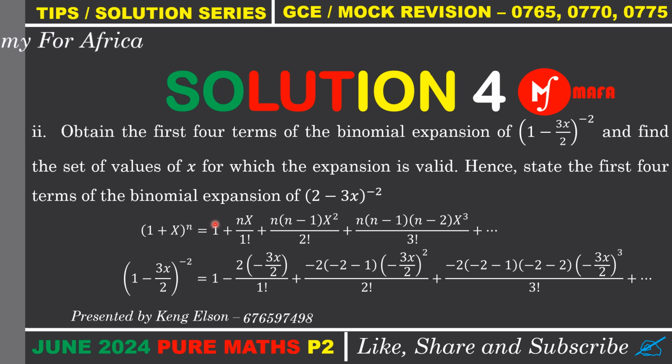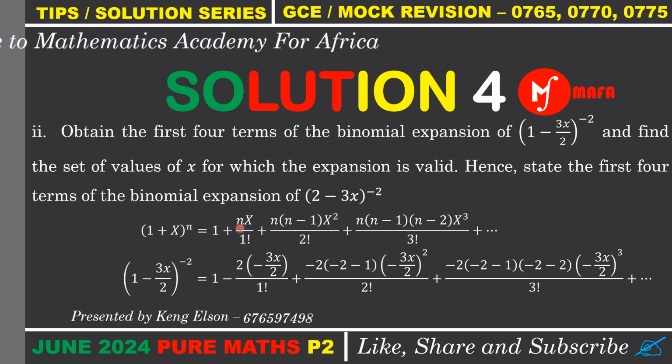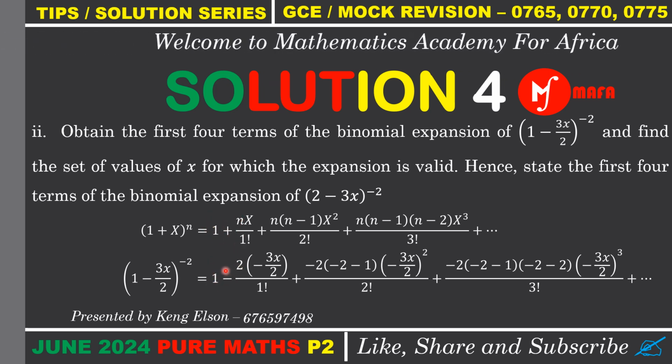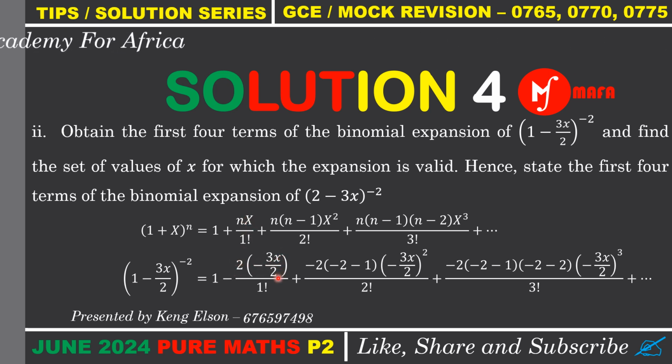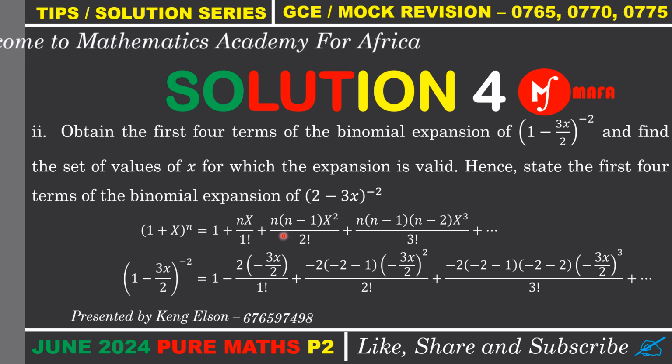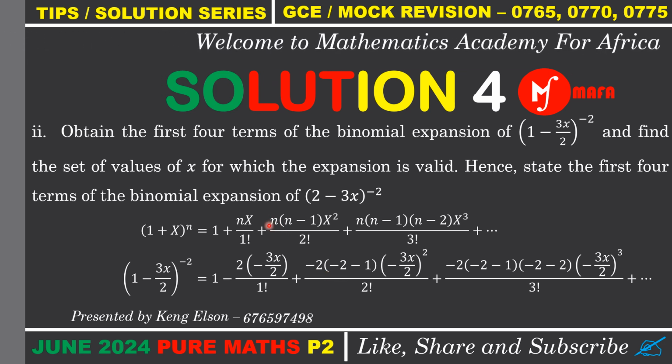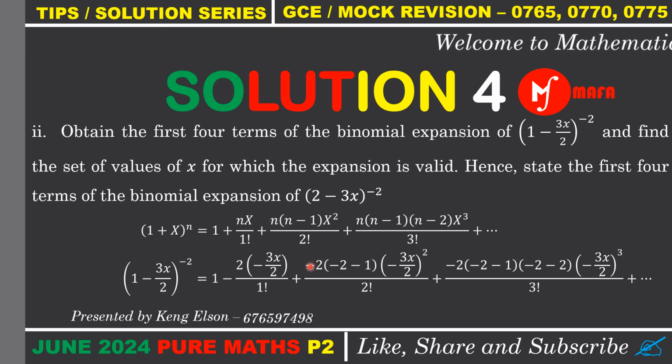So let's go. The first term stays as 1. For the next term, our n is negative 2, so here is the negative sign attached to the 2, and your capital X is negative 3x divided by 2. Let's go to the third term. Your n is negative 2, so n times n minus 1 becomes negative 2 times negative 2 minus 1.